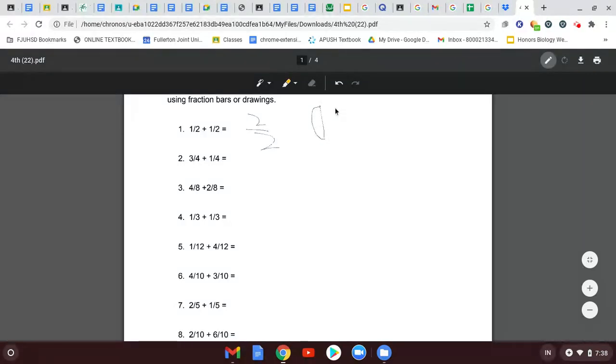Then if you add another half, that would make a whole. Get it? A number-based way of thinking about it is 1 plus 1 over 2, right? So you would add 2.